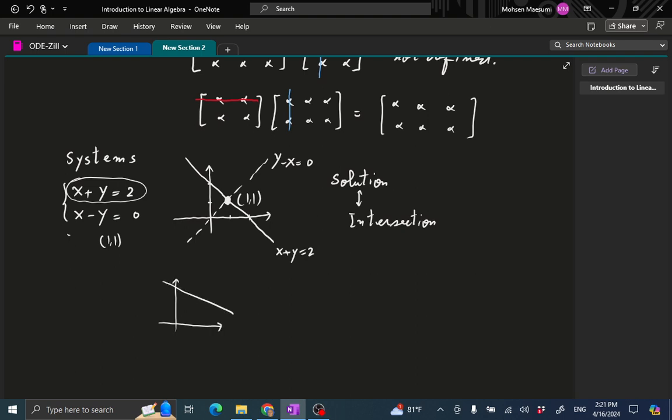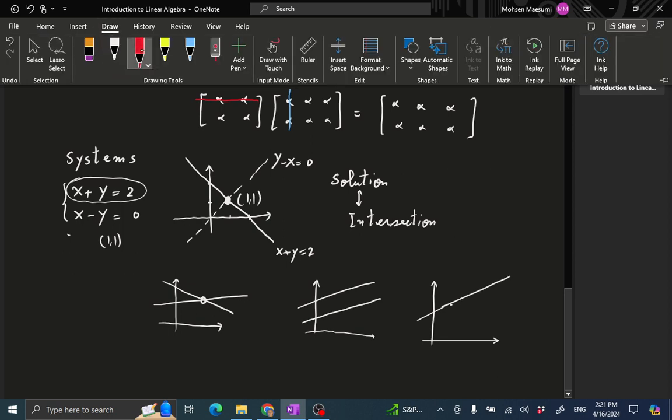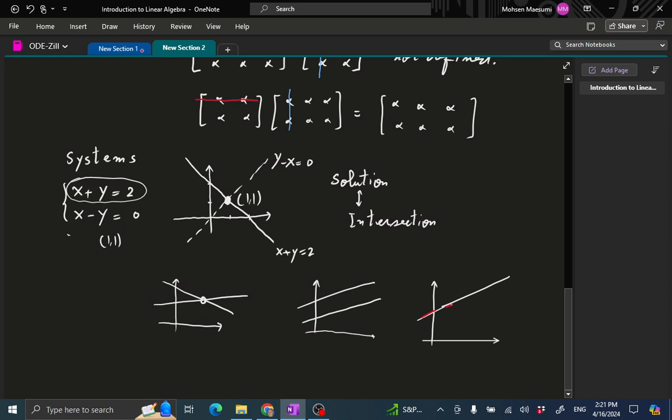Either something like this happens, and there is an intersection, or one of the lines is parallel to the other one. And a third, rather extreme case is that one line is right on top of the other one.